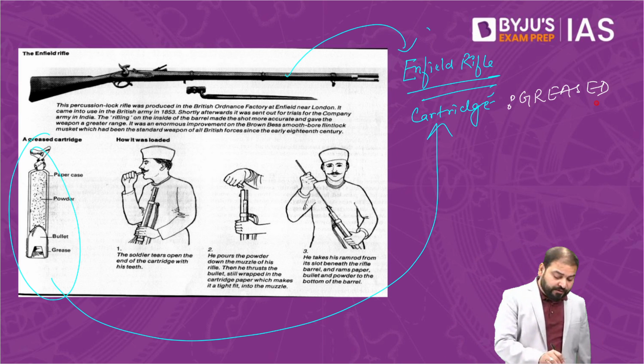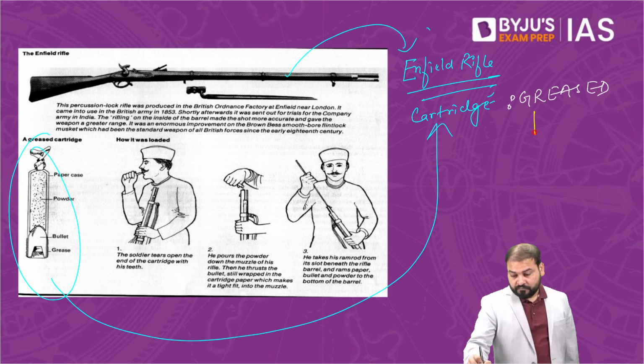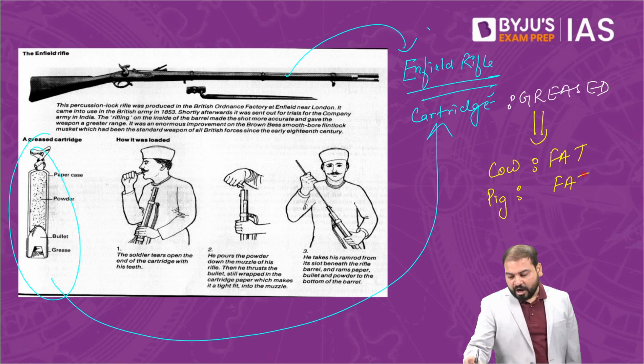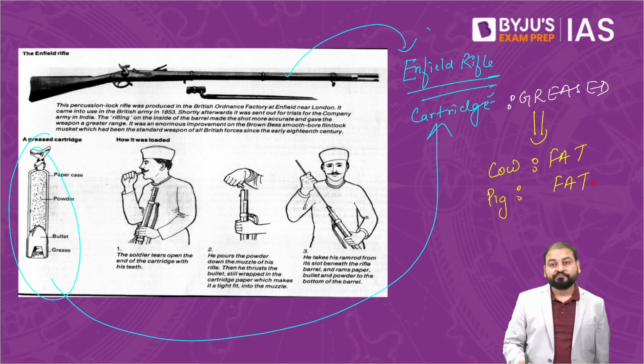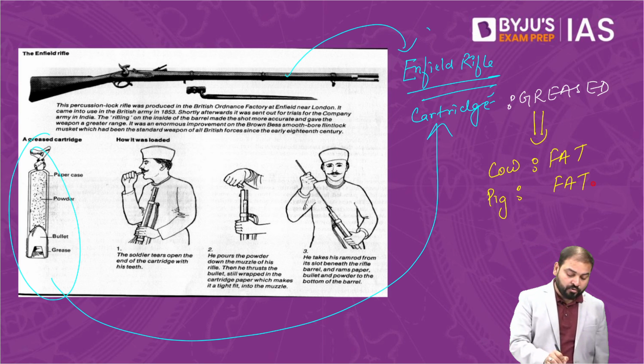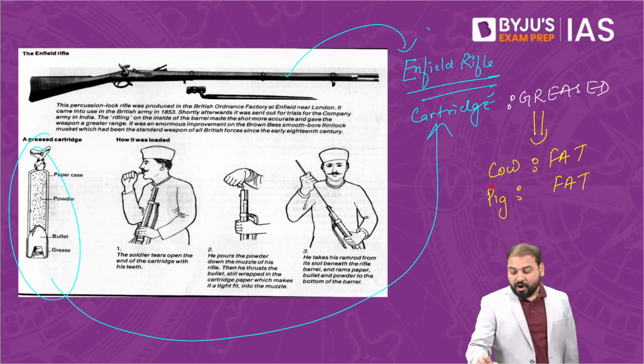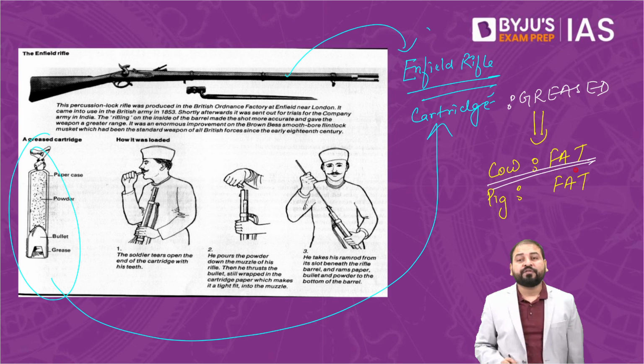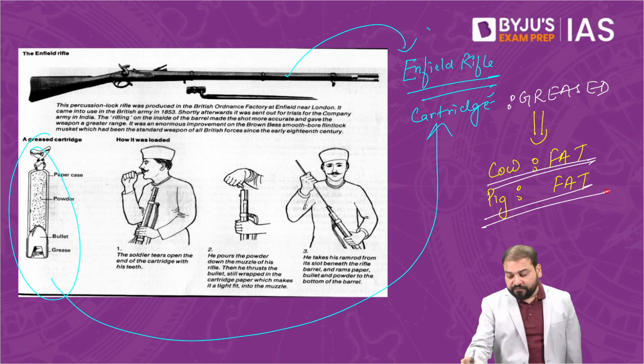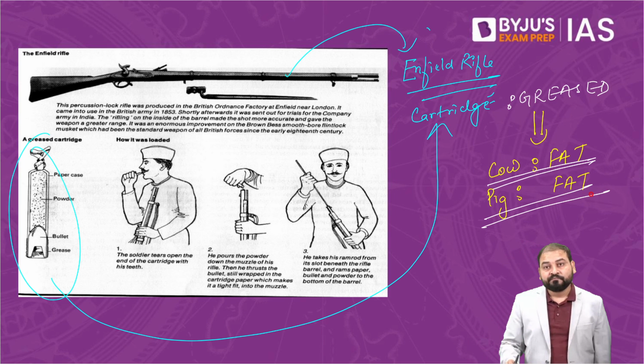This greasing, people said, was made of the fat of cow and pig. Now you all know, cow is sacred for the Hindus, pig is totally forbidden for the Muslims.